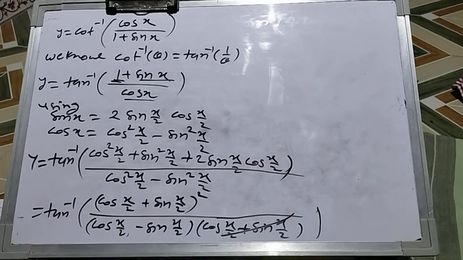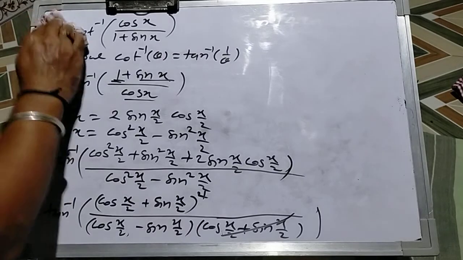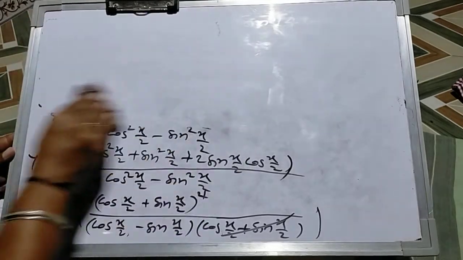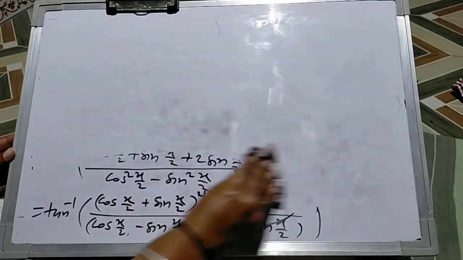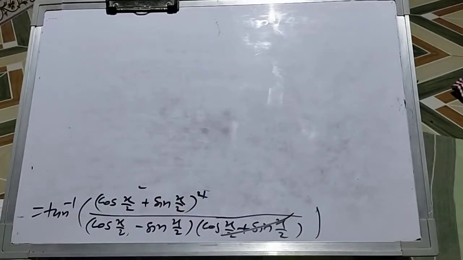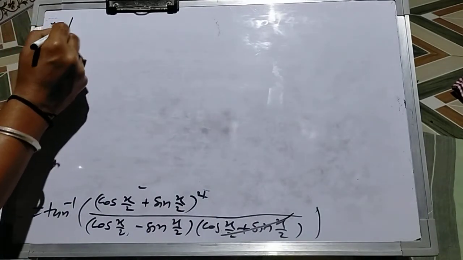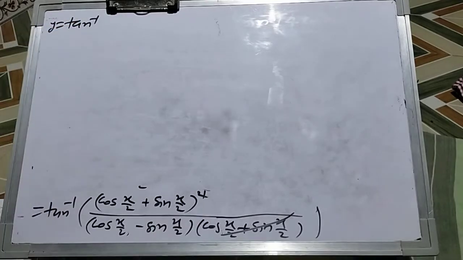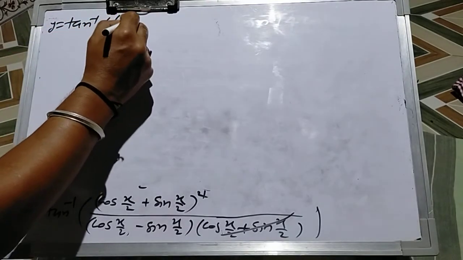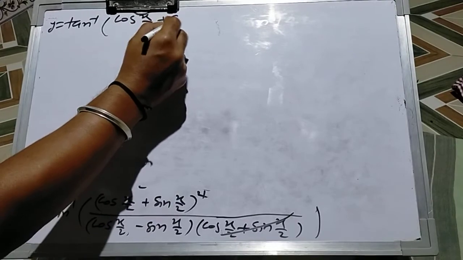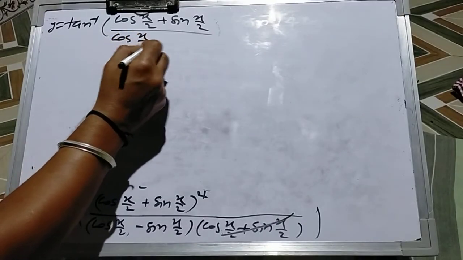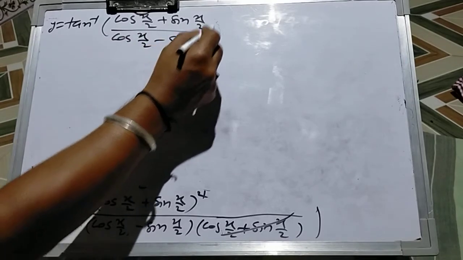So here cos x by 2 plus sine x by 2, and here one term gets cancelled. So the remaining term is y is equals to tan inverse of cos x by 2 plus sine x by 2 divided by cos x by 2 minus sine x by 2.